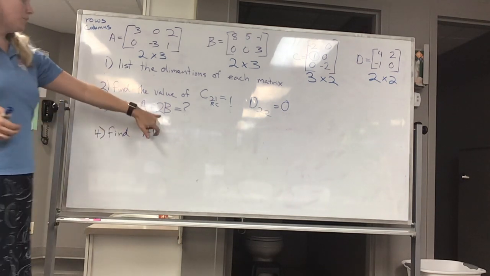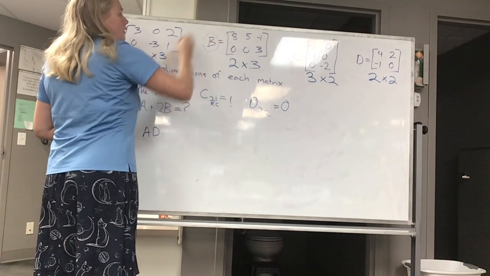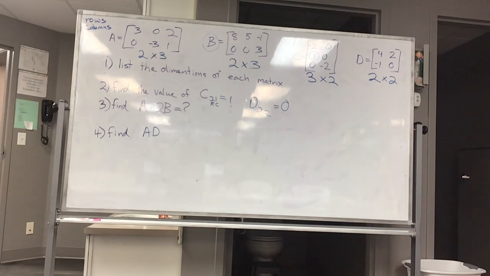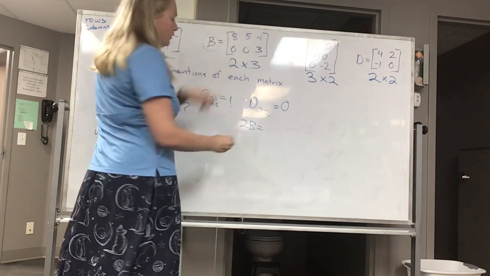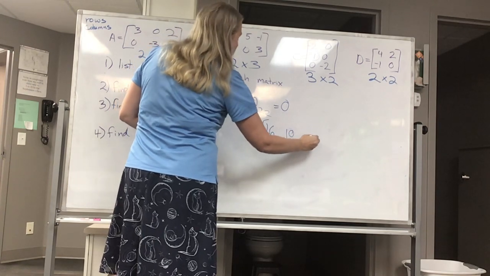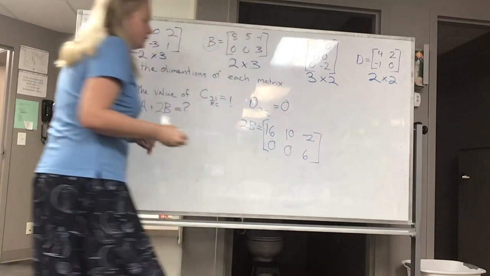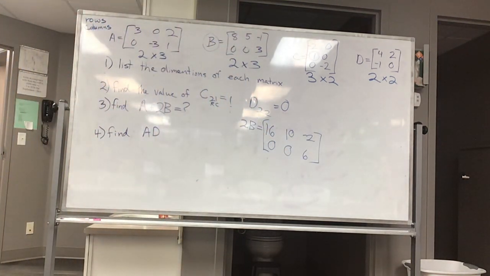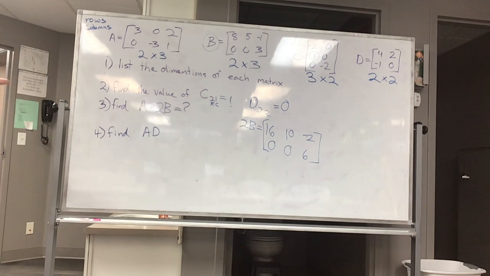And so for scalar multiplication, this 2B means to take B and multiply everything in it by 2. So 2B is going to equal 16, 10, negative 2, 0, 0, 6. So that's the scalar. If they throw a number out in front, everything inside that matrix is getting multiplied by that number.